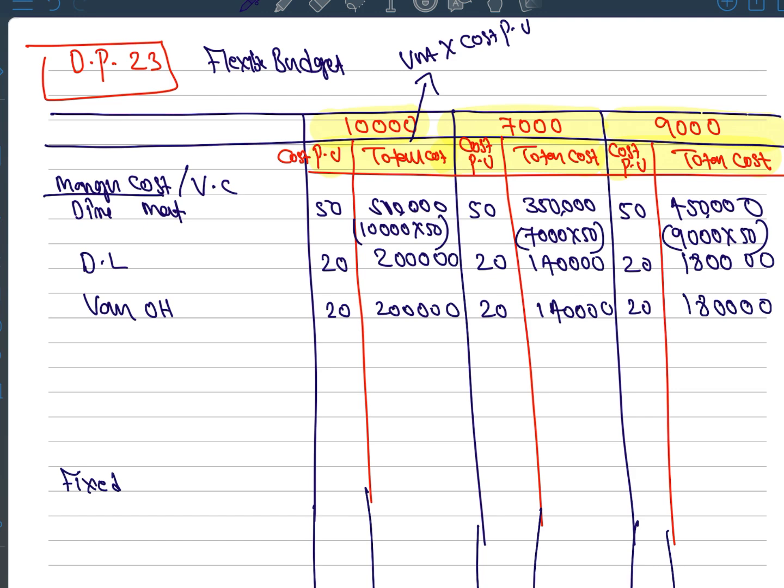Mainly there are 3 main columns, and each column is branched into 2. In addition to particulars, 3 columns, each column divided into 2. Okay.